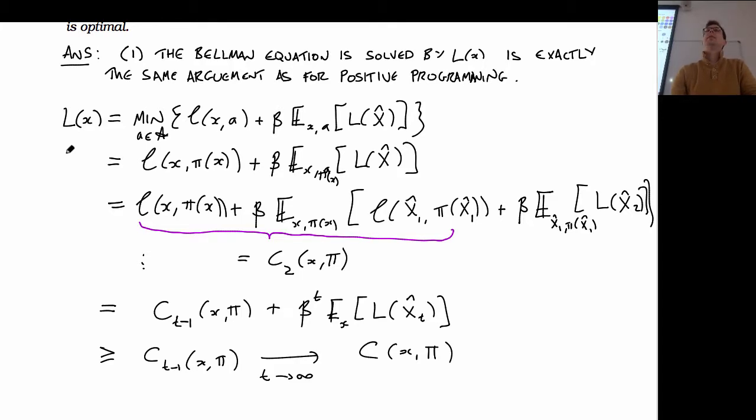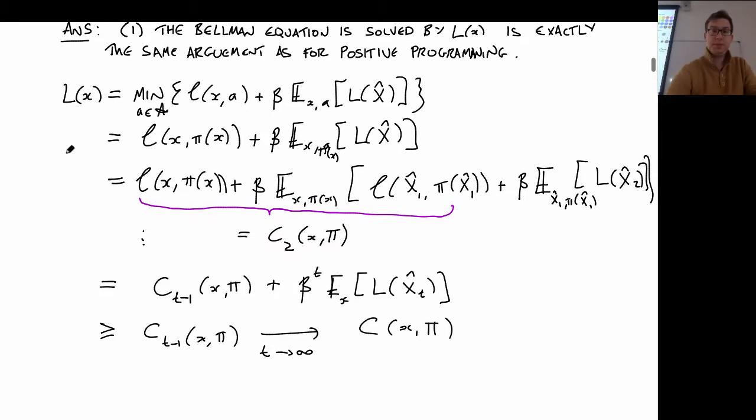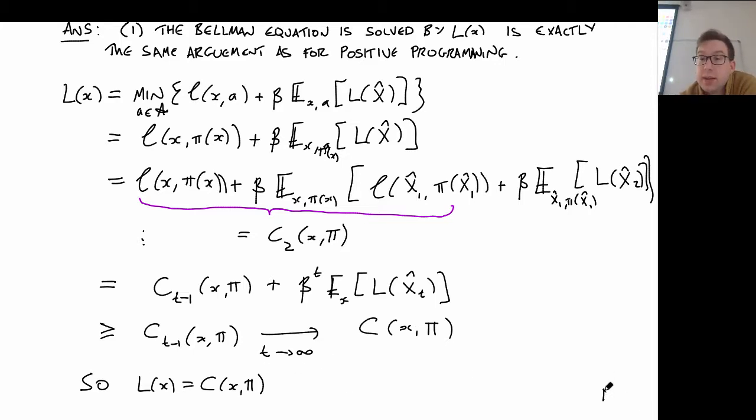Okay, it's an inequality here, but remember this is the minimum over all policies. So if I found a policy that's small, it has to be equal to it. Okay, that's it. All right, so very similar to the previous argument.